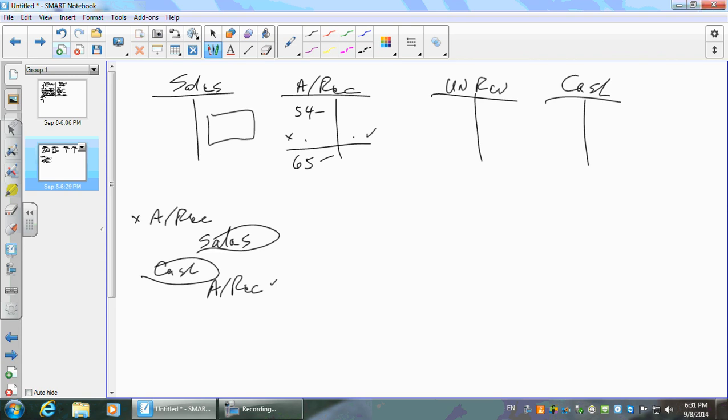Oh, by the way, what's a really big one for sales? That's the credit sale. What about the cash sale? What would it look like? Debit cash and credit sales directly. So some of the sales in here might be cash sales, right? And some of them might be credit sales. Okay, everybody agree with that? And the cash coming in over here, by the way, did they tell you how much cash came in?